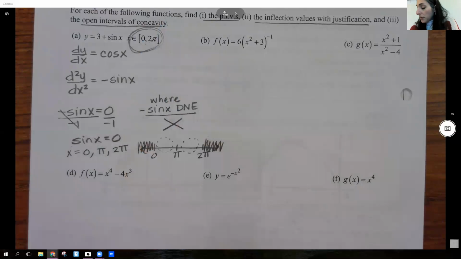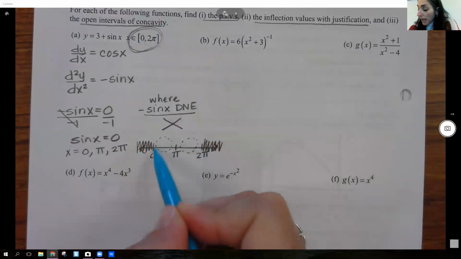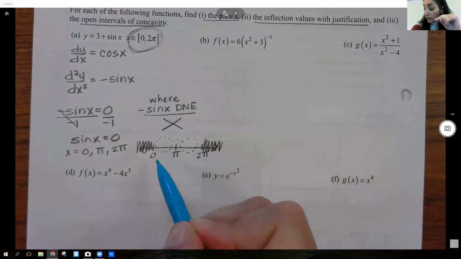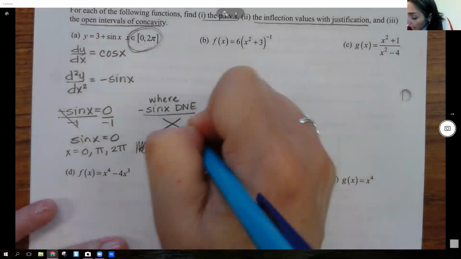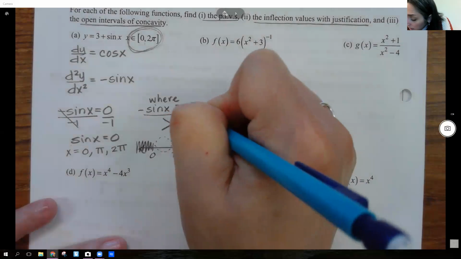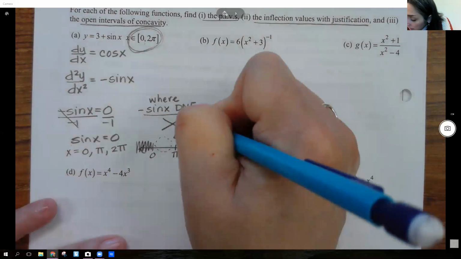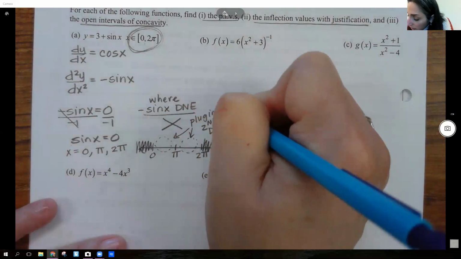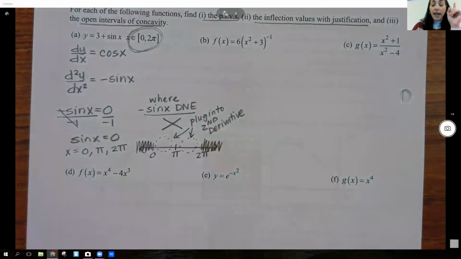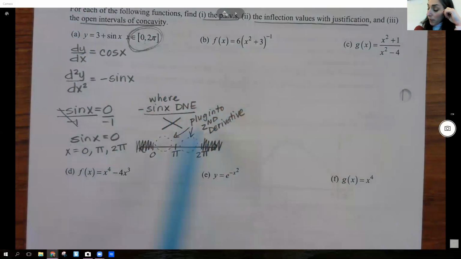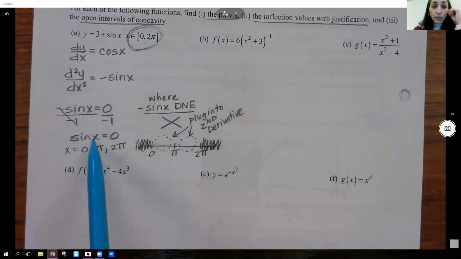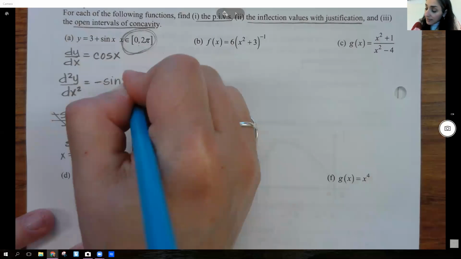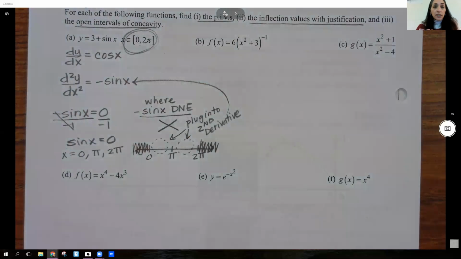Okay, so you put pi over 2 into the second derivative. You're plugging these values into the second derivative. That's why they call this the second derivative test. You've got to plug into the second derivative. Now, don't go back to where we set it equal to 0. That was just our algebra that we were doing. Go all the way back to your second derivative.